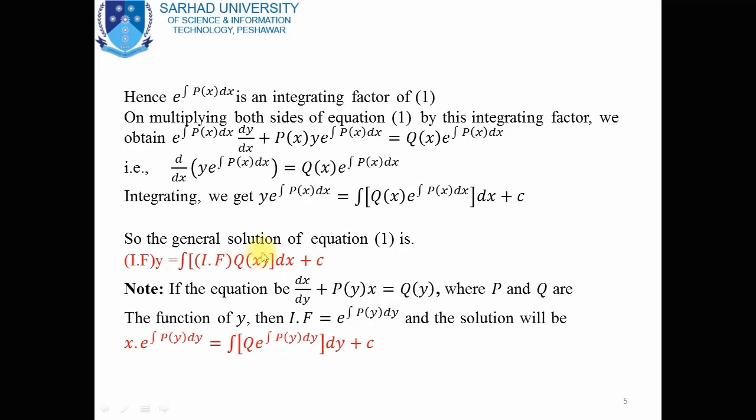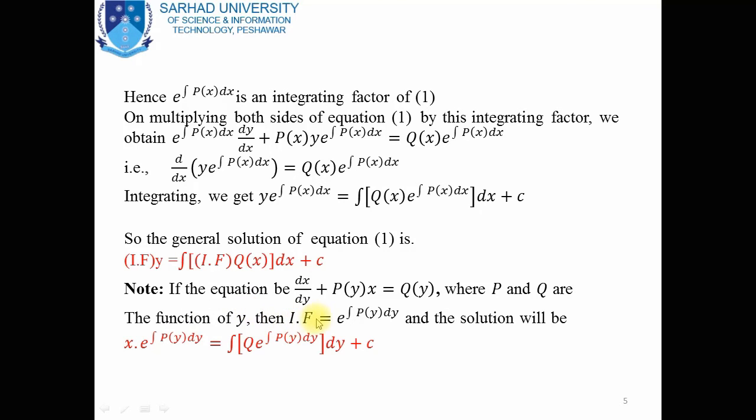Now dear students, this point is very important. If the linear differential equation of first order is in this form, dx/dy + p(y)·x = q(y), then x will be dependent and y will be independent, and p and q are functions of y.